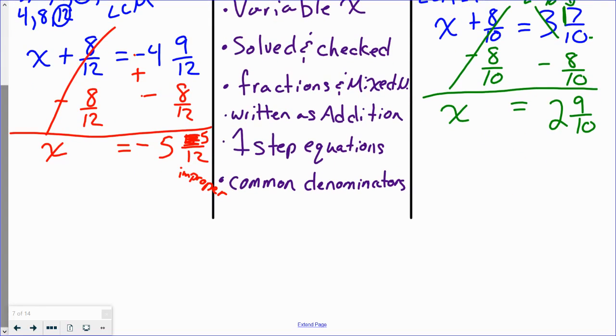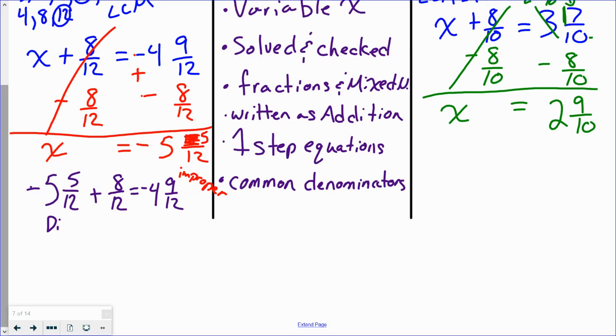Okay. So I'm taking a negative 5 and 5/12 and adding 8/12 to it. Do I still get a negative 4 and 9/12? Okay. Well, I'm not really adding because I have different signs. I have a negative and a positive.